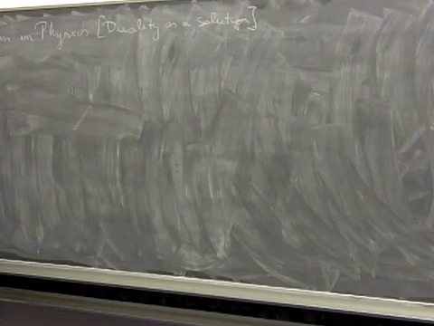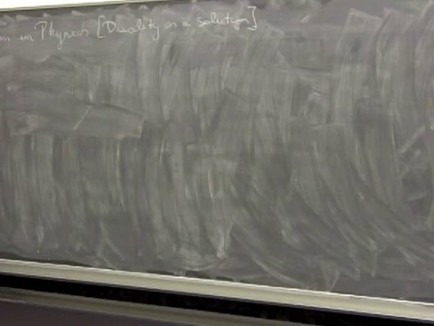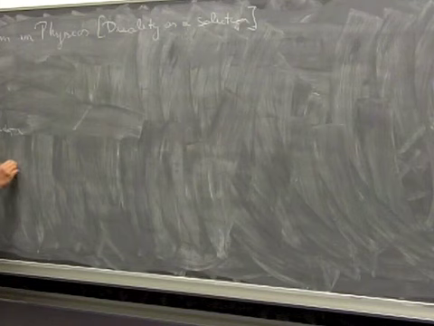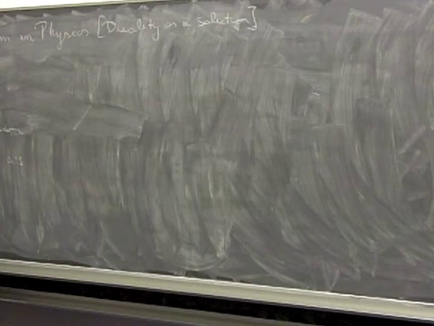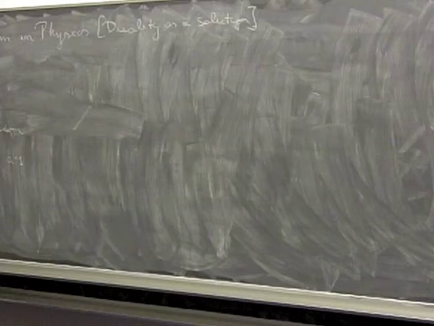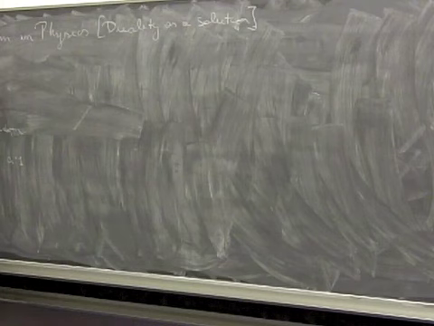Consider a field theory whose degrees of freedom are a gauge field, this A, a gauge field in SU(3) to be concrete, and fermions. The gauge field is in the adjoint of the gauge group. The fermions will be in the fundamental. The Lagrangian I would like to consider is this one.